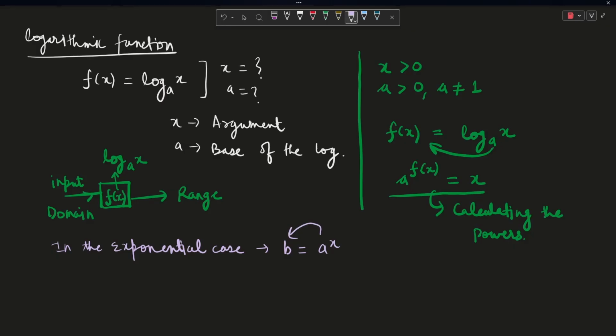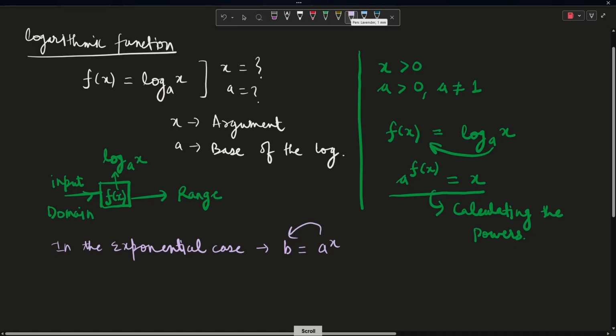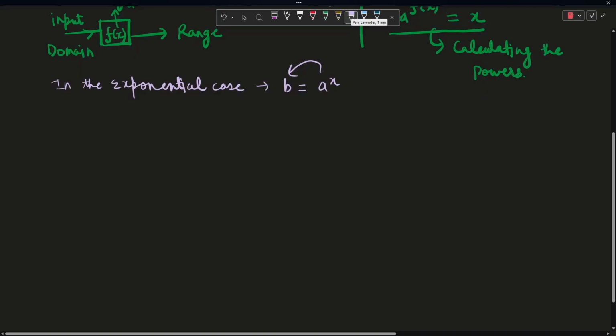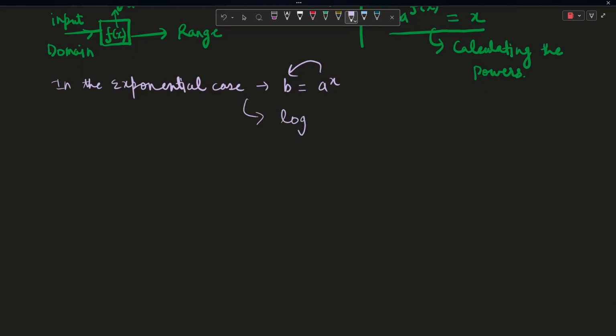Now in the logarithmic case, the case is different and inverse, right? Now in this case we are saying log b to the base a is equal to x, right? If you solve it further, this a will go here, and x goes in the power, so it will become a to the power x is equal to b.